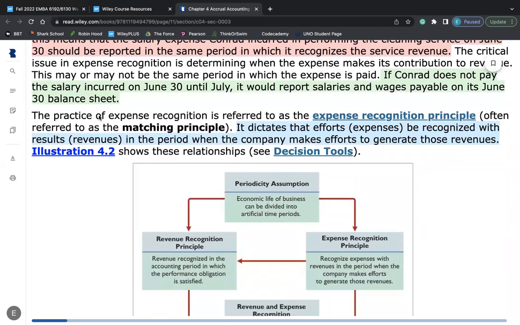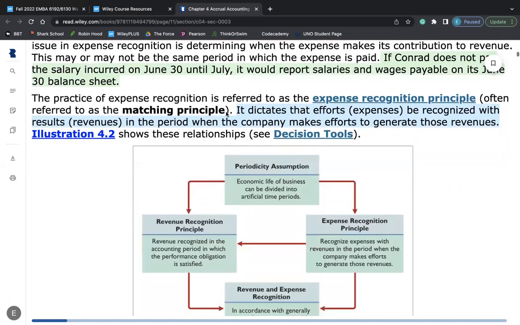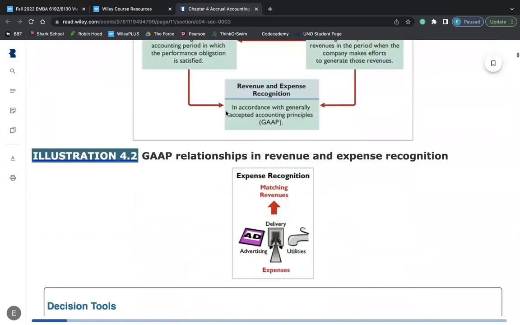All right, the practice of expense recognition is referred to as the expense recognition principle, which is often referred to as the matching principle. It dictates that efforts or expenses be recognized with results or revenues in the period in which the company makes the effort to generate those revenues. Same thing as the other principle.